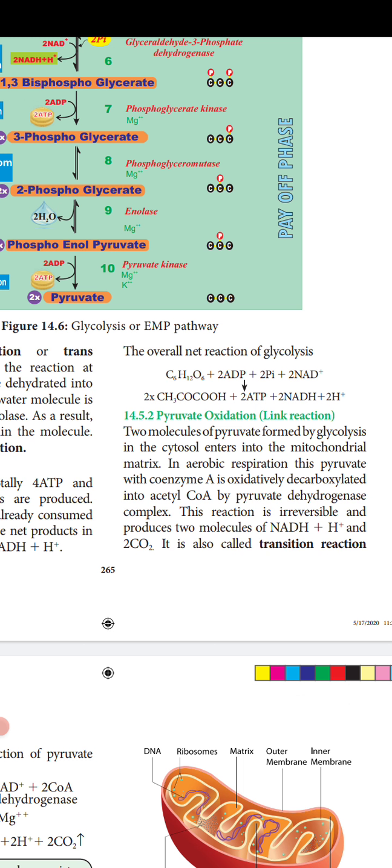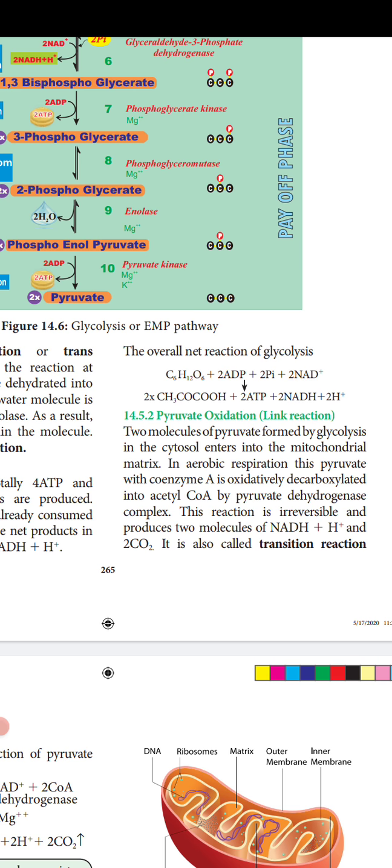In aerobic respiration, this pyruvate with coenzyme A is oxidatively decarboxylated into acetyl coenzyme A by the pyruvate dehydrogenase complex. So here the pyruvate with coenzyme A undergoes oxidation, decarboxylation and dehydrogenation to produce acetyl coenzyme A. This reaction is irreversible and produces 2 NADH plus H plus and 2 CO2.